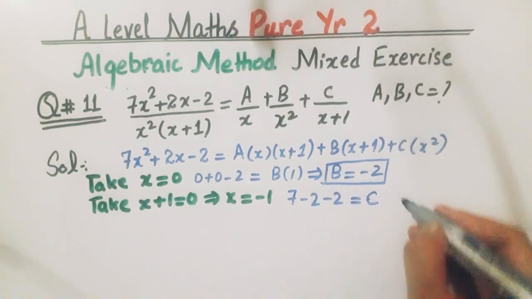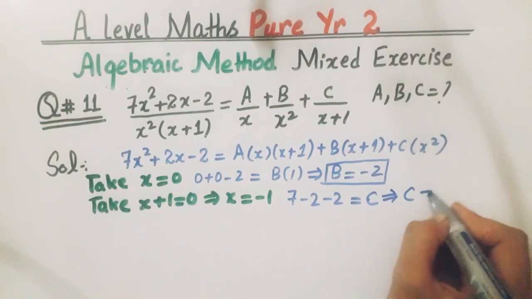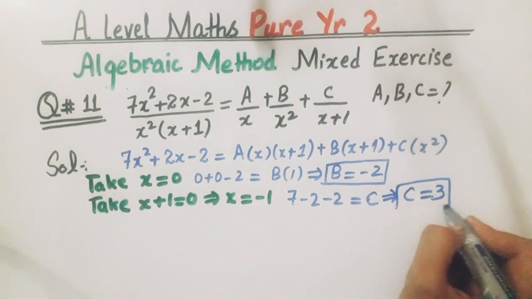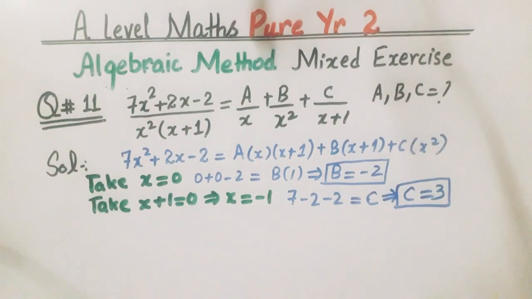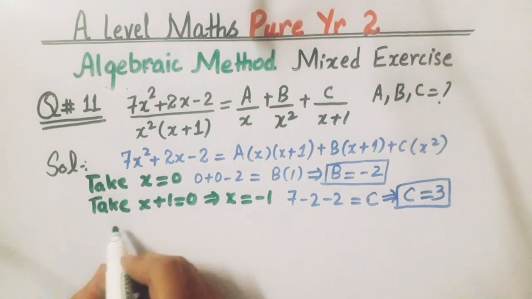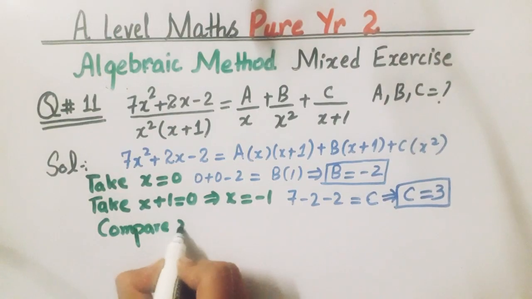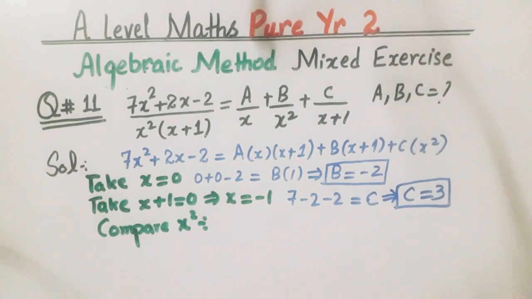So 7 minus 4 will be 3, so we get c equals 3. Now to find the value of a, we will compare the coefficients of x square. So we will get 7 equals a plus c.